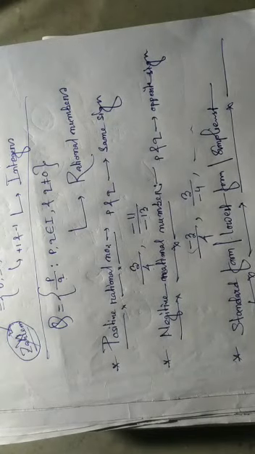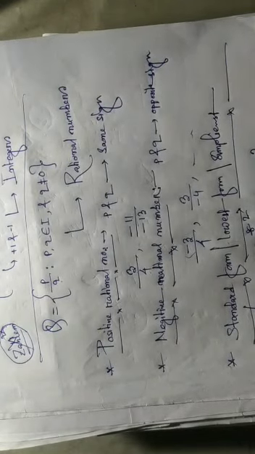For example, take minus 32 by 48. 4 is a factor of both numbers, because 32 is divisible by 4 and 48 is divisible by 4. So 32 divided by 4 is 8, 48 divided by 4 is 12. Then again it is divisible by 4: 4 twos are 8, 4 threes are 12. Now 2 and 3 have no common factor, so with the minus sign, minus 2 by 3 is the standard form.